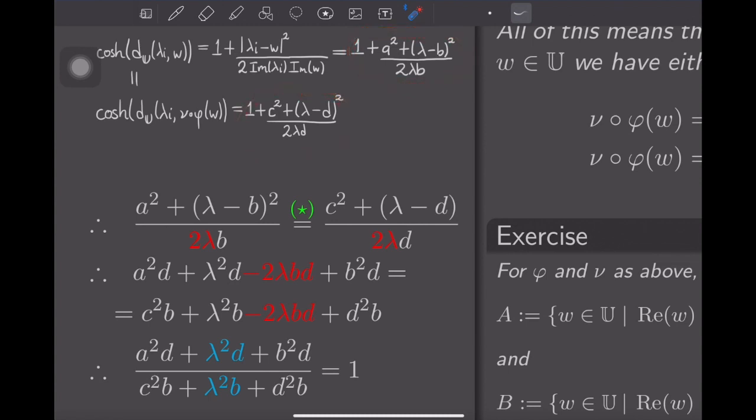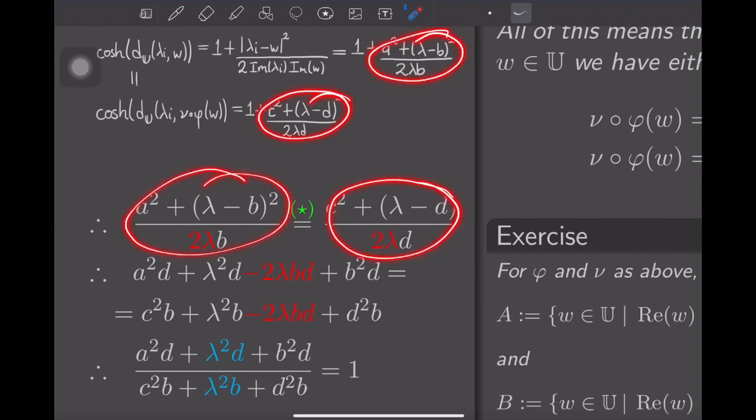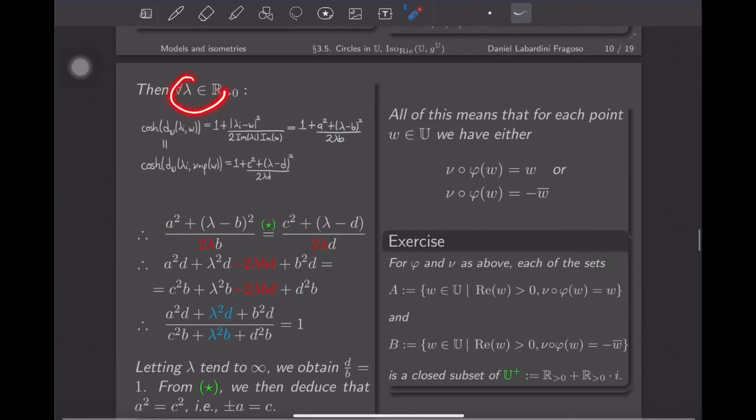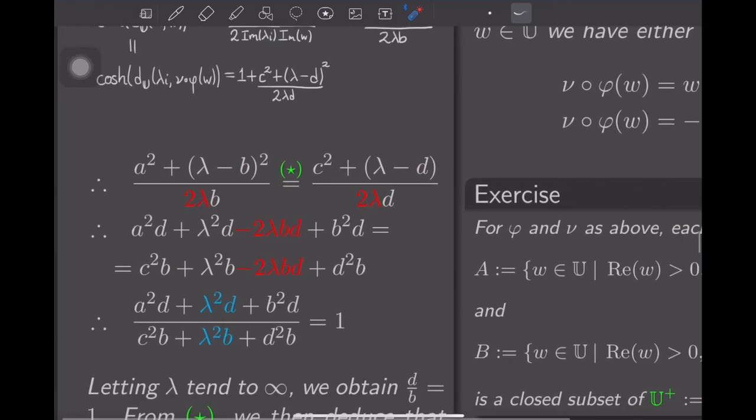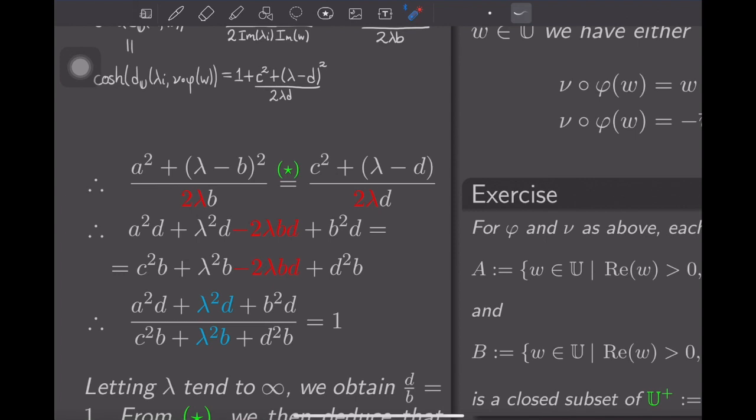Now, what I obtain from this is that this is equal to this. The one cancels, and what I obtain is this equal to this. Now lambda was positive, so these two lambdas cancel. Then I expand this square, and I expand this square, and this moves here and this moves here.